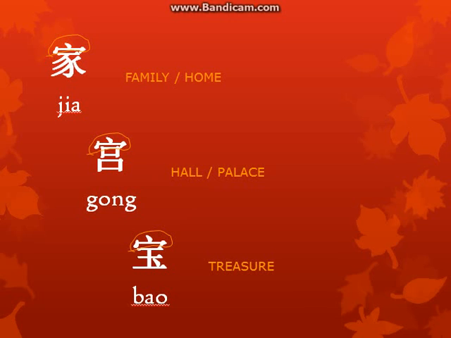They refer to something like a shelter or something that is constructed by humans. So the first is jia, meaning family or home. Gong, hall or palace. Bao, treasure.